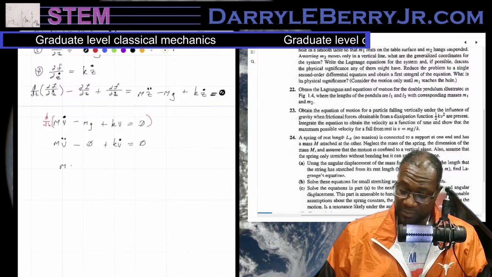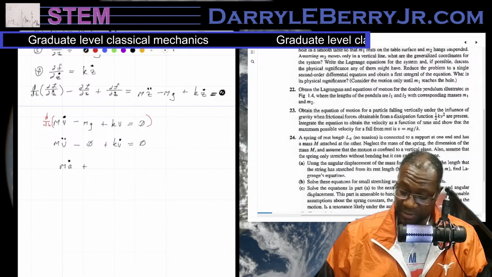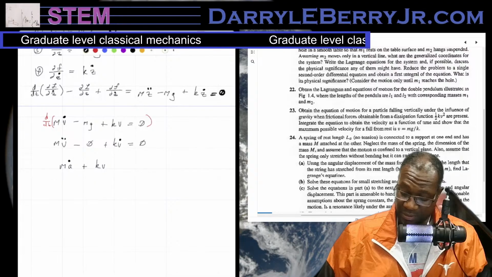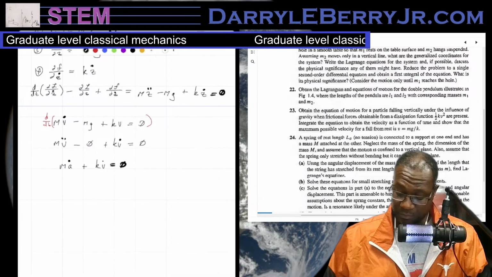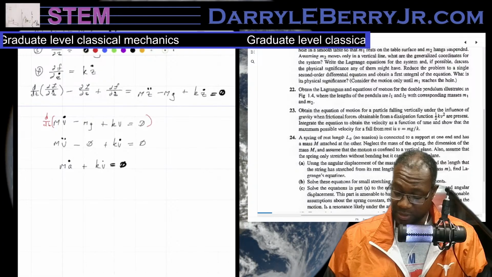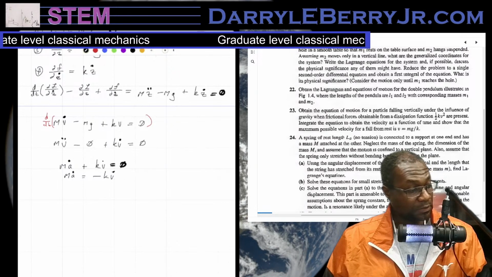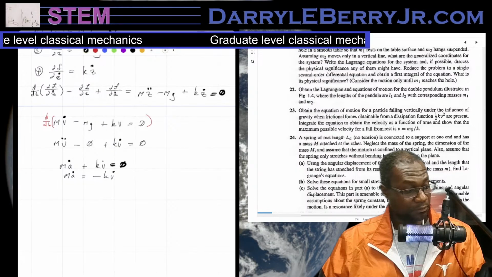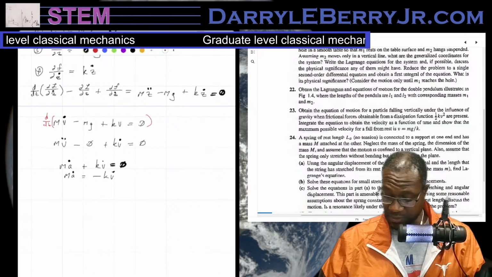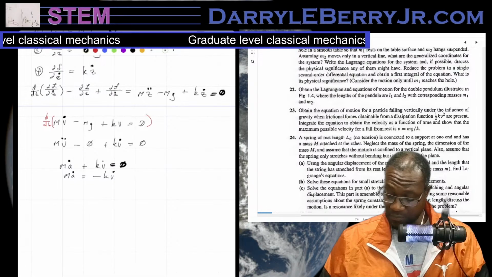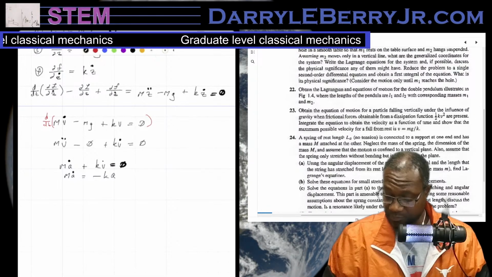So this is m a dot plus k v dot equals 0, so m a dot equals negative k v dot. Oh, we put everything in terms of a. Makes sense.